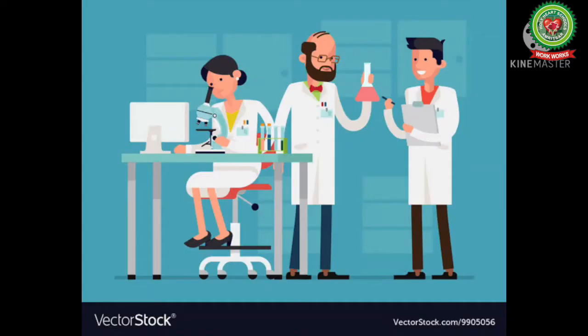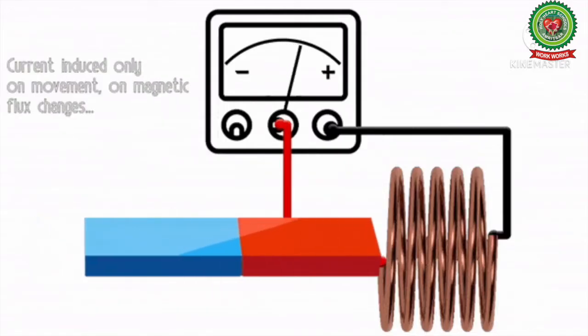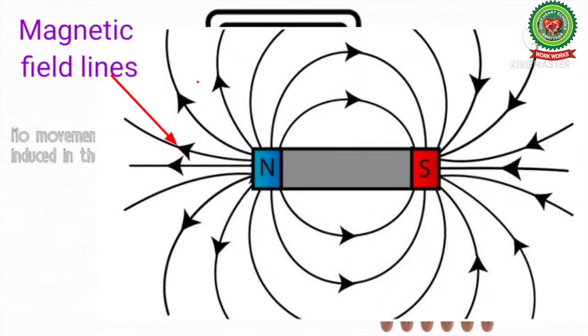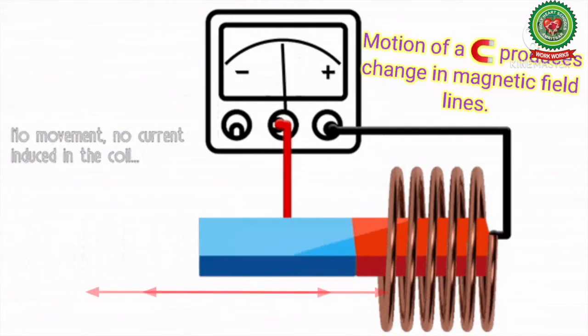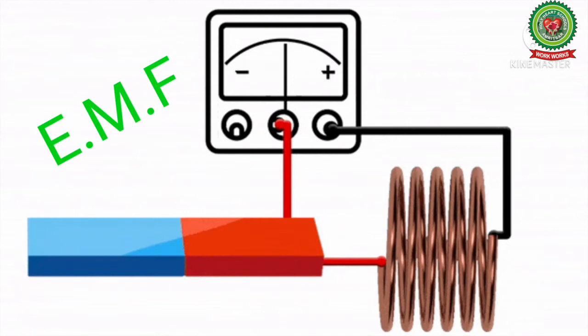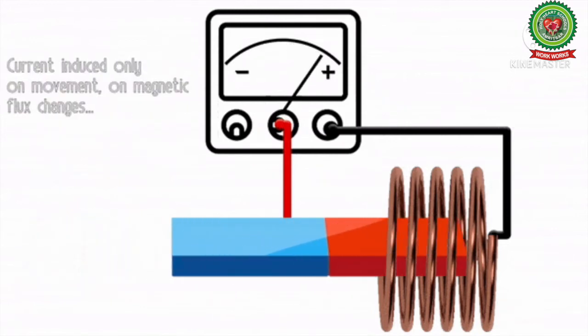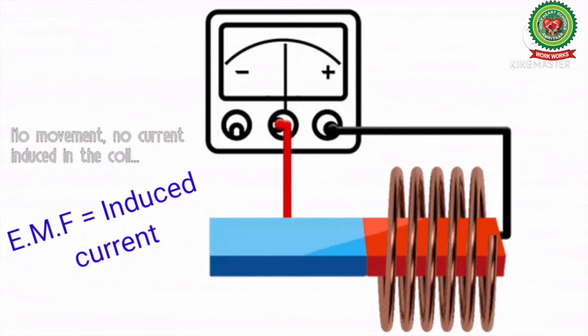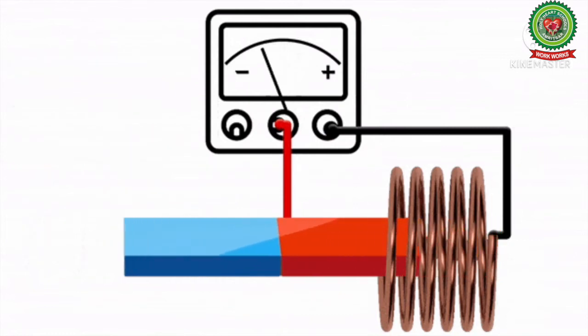For that, he did some experiments and concluded that whenever there is a change in the number of magnetic field lines linked with the conductor, that means there is a motion of a magnet, an electromotive force is developed. An electromotive force means an induced current is developed between the ends of a conductor.